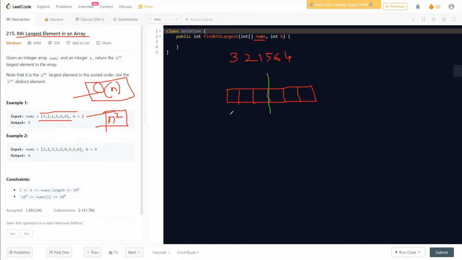All the elements on the left side of our partition will be less than all the elements on the right side of the partition. So we know for sure that all the elements on the right of the partition we have created will be greater than all the elements on the left. That was the idea behind this kind of partition.